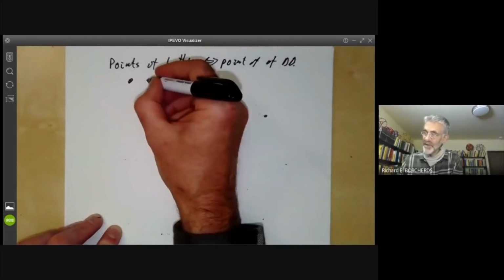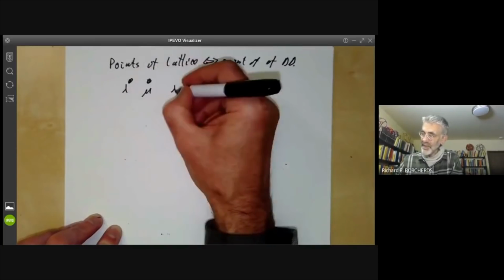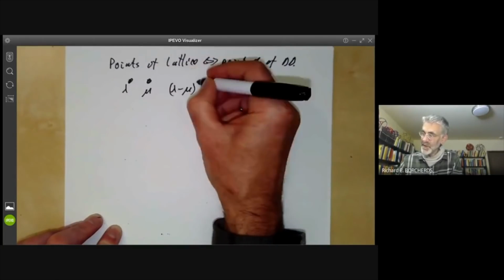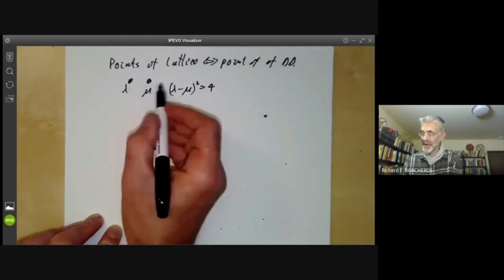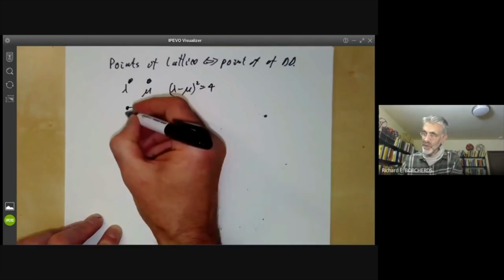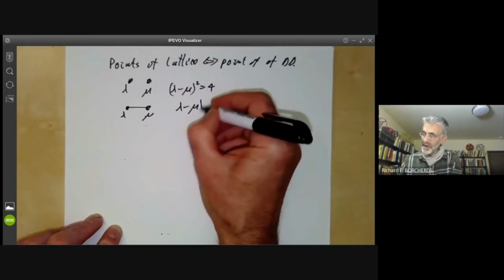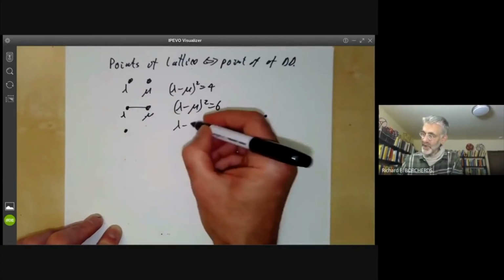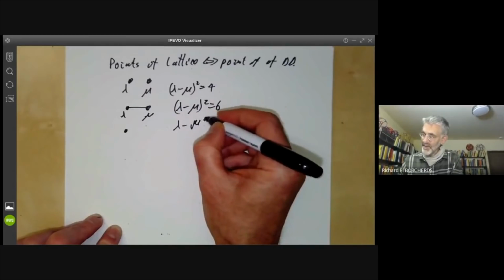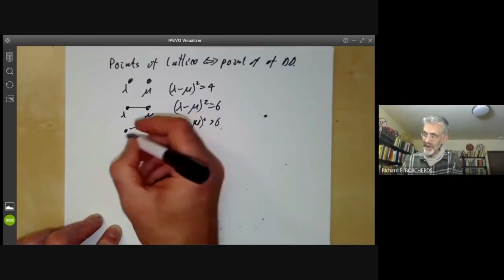So if you've got 2 lattice points, lambda and mu, such that lambda minus mu squared equals 4, so these are as close as possible, you draw no lines between them. You draw 1 line between them if lambda minus mu squared equals 6, and if lambda minus mu squared is greater than 6, you draw something more complicated between them.